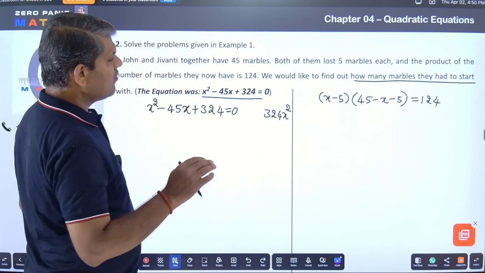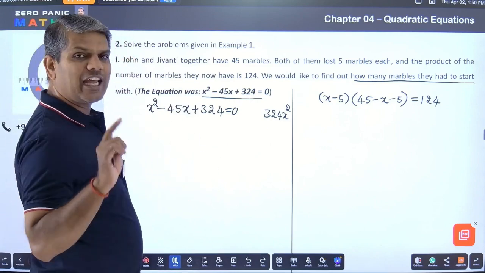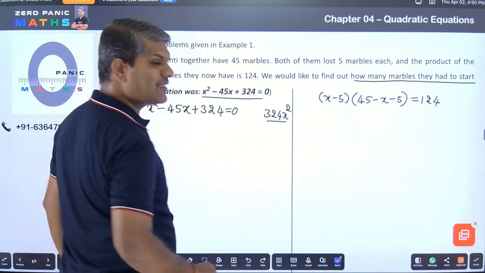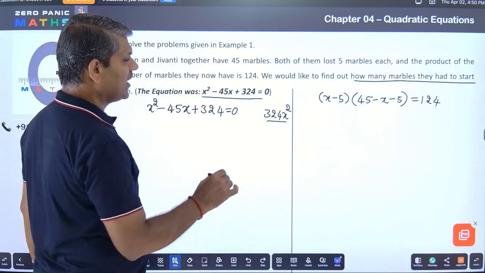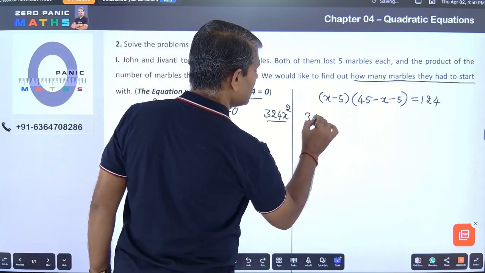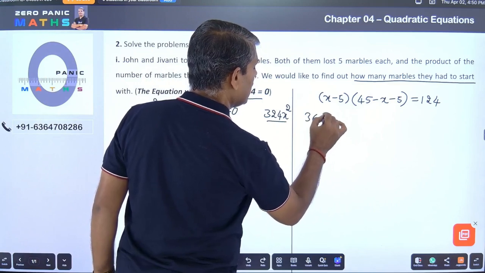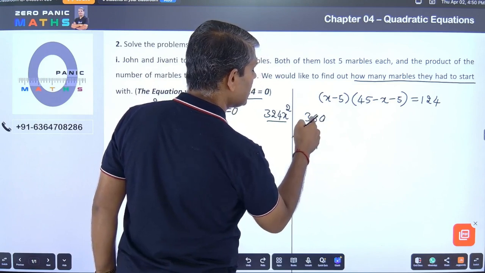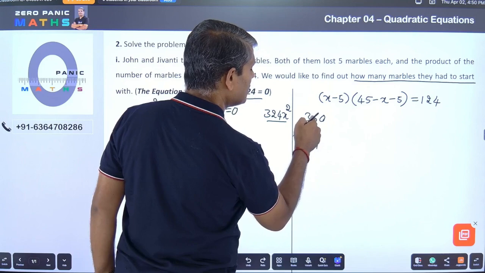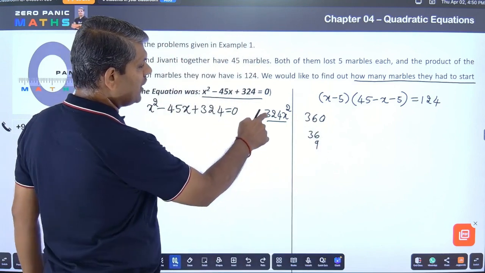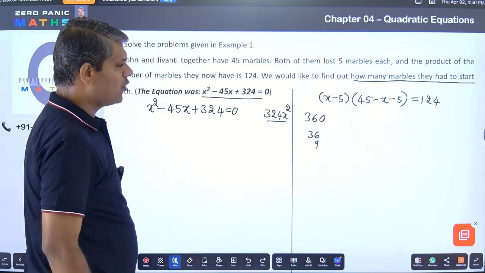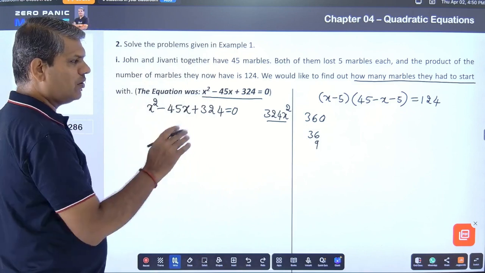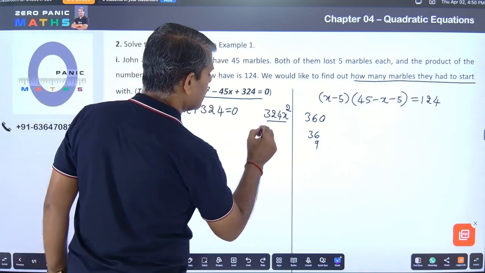Those numbers look like 36 and 9, because 36 times 10 is 360, so 36 nines is 360 minus 36, which is 324, and 36 plus 9 is 45. So at first look it seems like that.